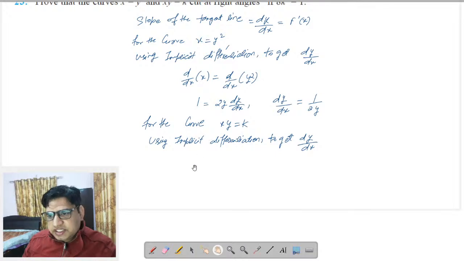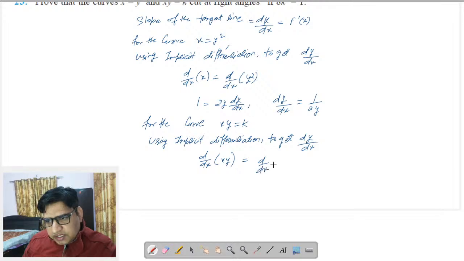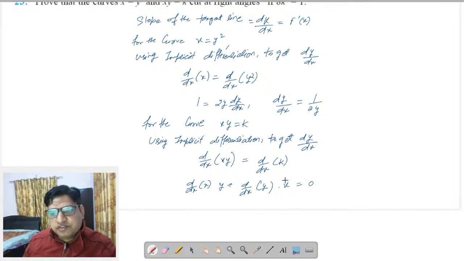Okay, so what we do is d by dx of xy is equal to d by dx of k. And in this we'll solve by using the product rule. So d by dx of x, keeping y as it is, plus d by dx of y, keeping x as it is, is equal to 0, because differentiation of a constant is 0.